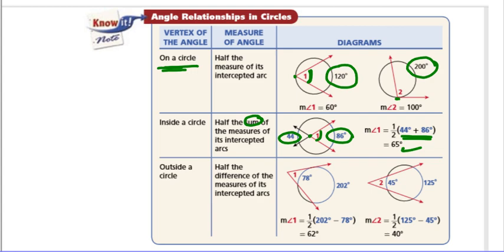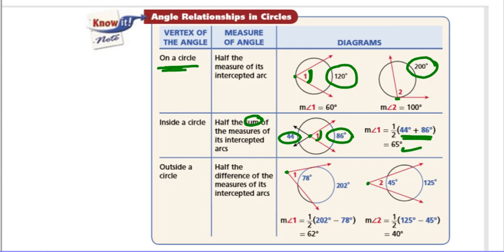Outside a circle: if the vertex is outside the circle, with tangents or secants, this angle, angle 1, equals half the difference. So if the vertex is inside, we have the sum. If the vertex is outside, we have the difference. Pay attention at this point.